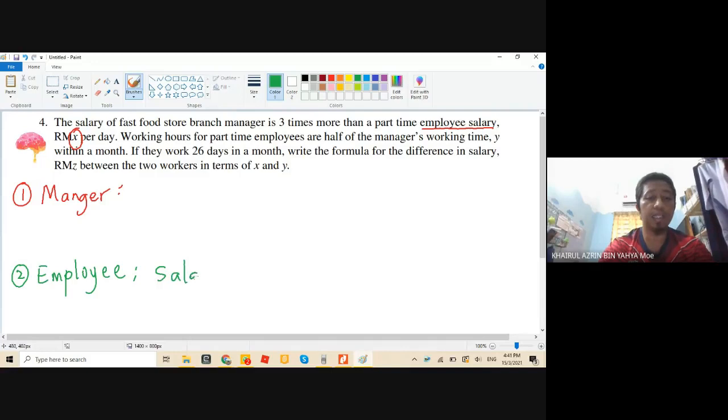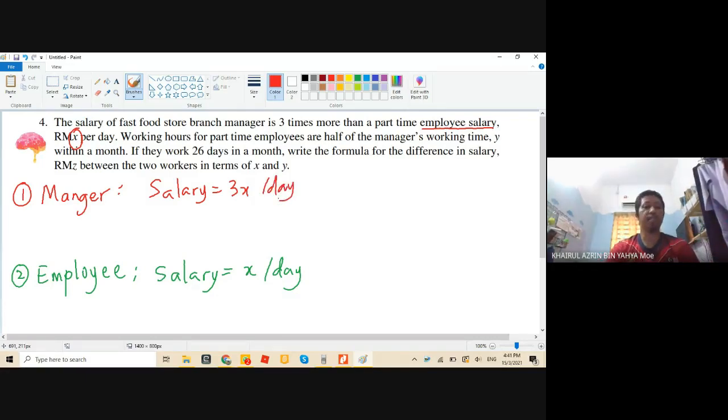We can write here salary per day, X per day. But for manager, the salary is 3 times per day compared to the employee.